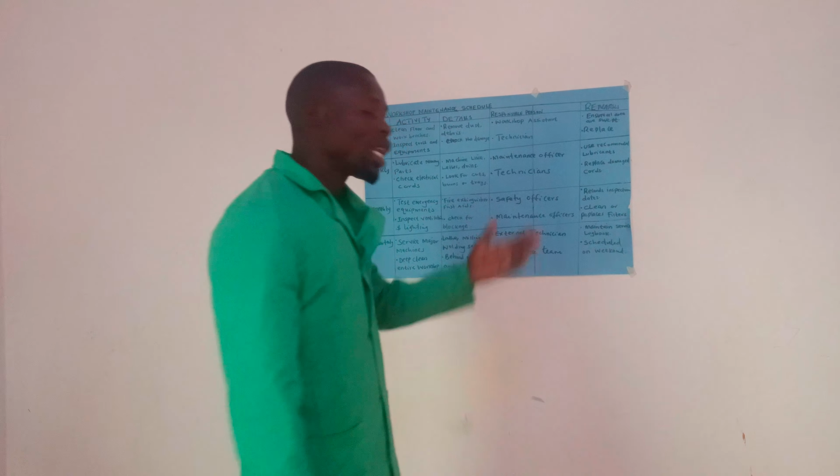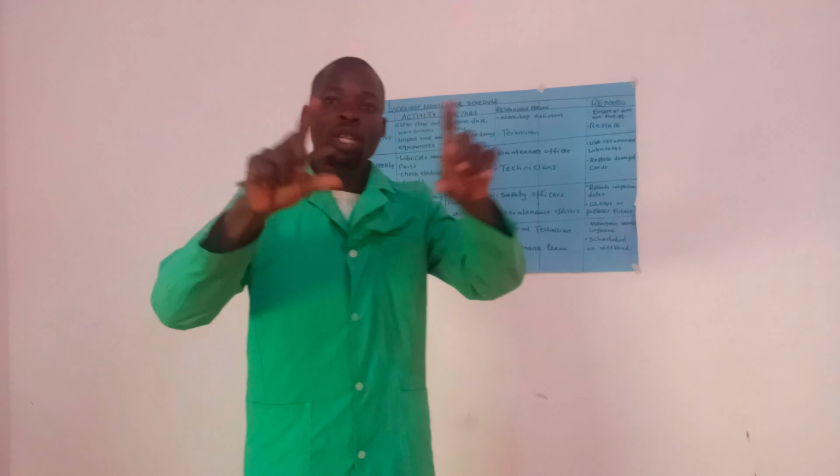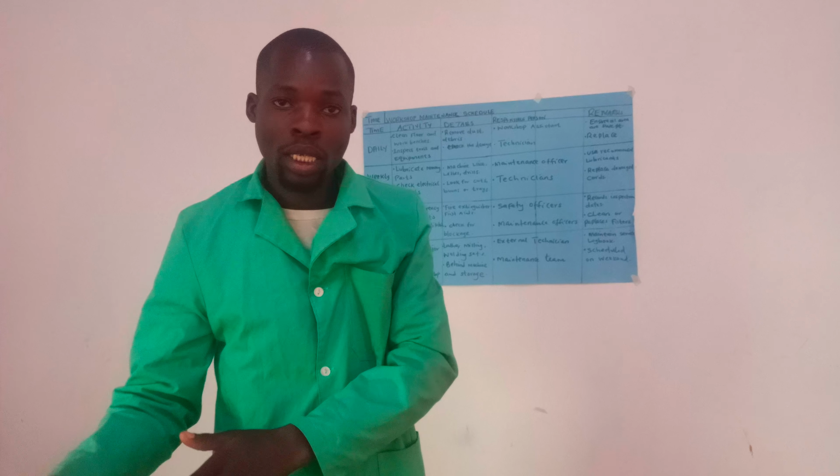Then you can even decide to carry out your maintenance schedule on a quarterly basis. A quarterly basis means that you carry out maintenance four times in a given year for a given equipment.